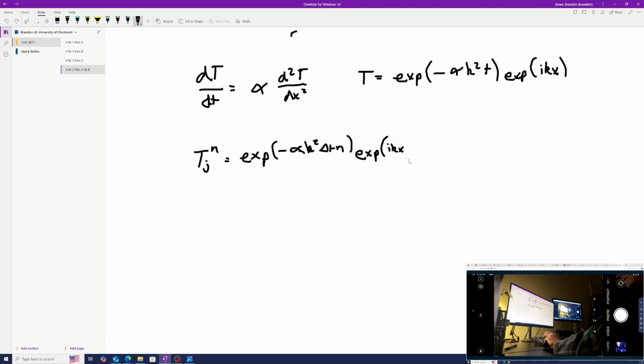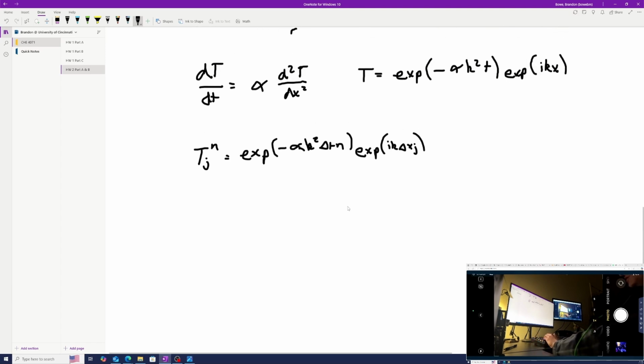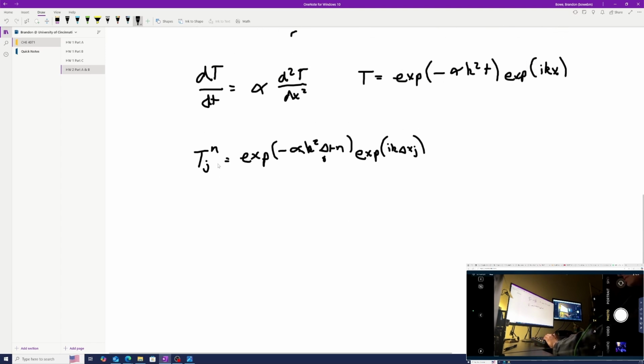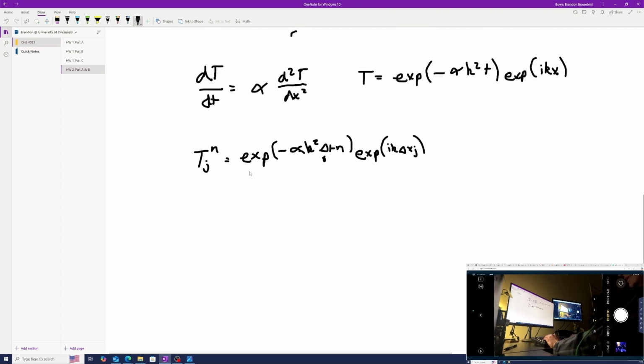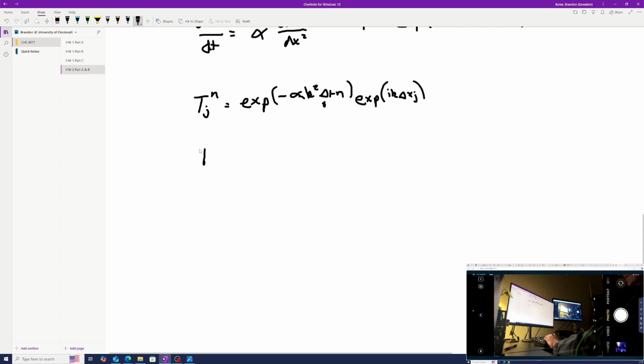However, instead of just kx, it would be our change in x times our j, our current, previous, or next j position. So once we have our equation based on a certain position and temperature step, we can alter this a little bit to give us something else.